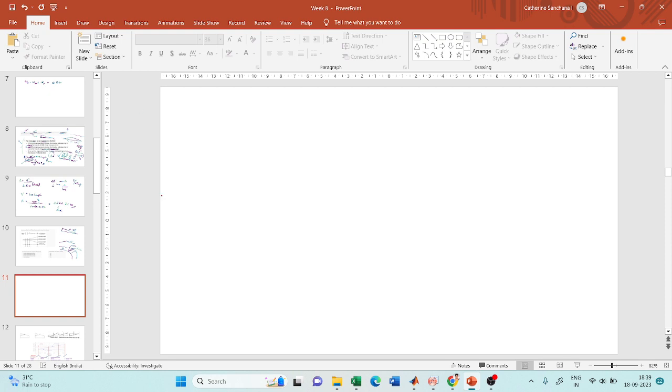So if this is my straight section and this is my curved section, from this point it is going to have a cross section of super elevation, and before that, in a straight section, it should have a camber.